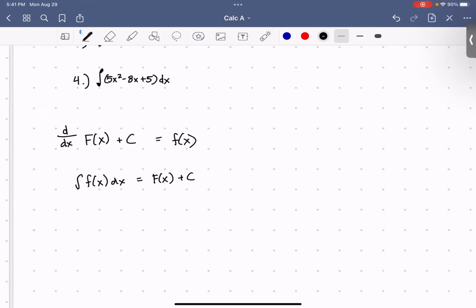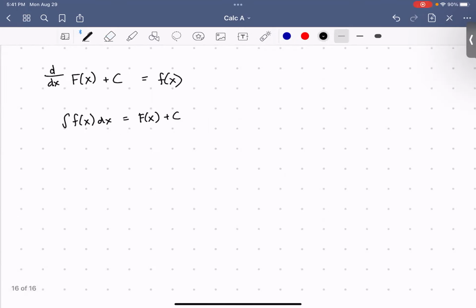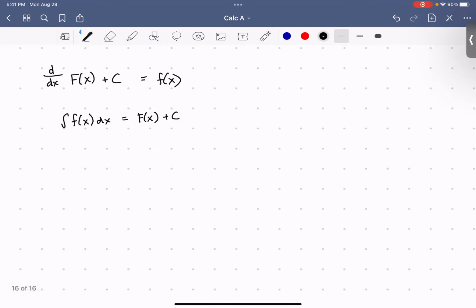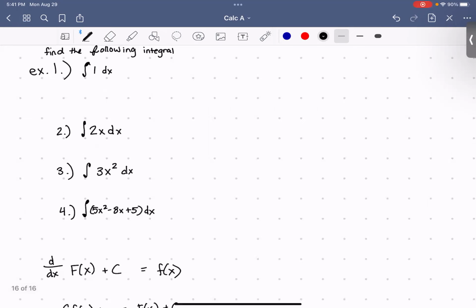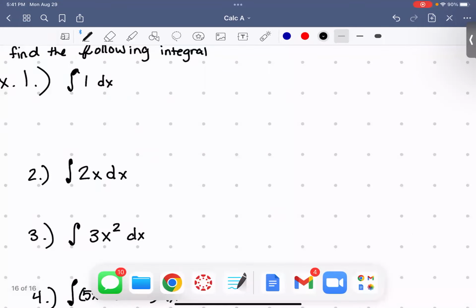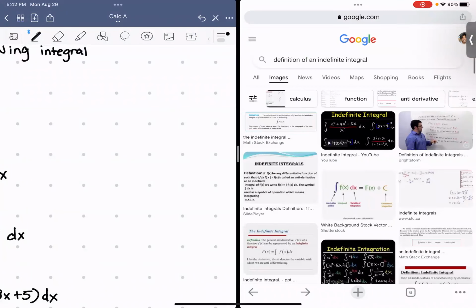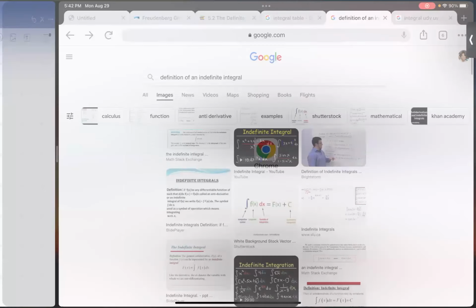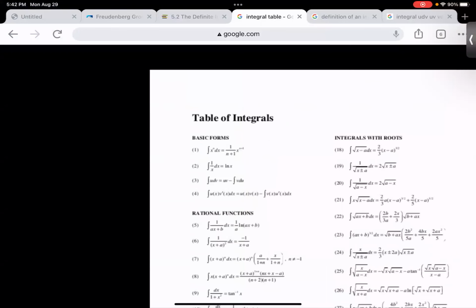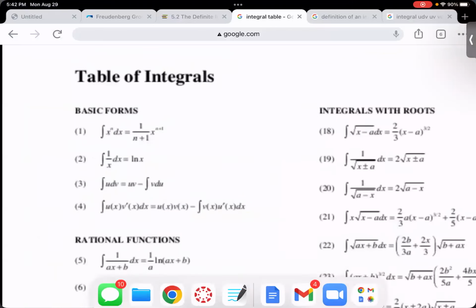As I said, an integral is an antiderivative, so you're basically working backwards. We're going to do some example problems to find the following integrals, and I'm going to use a table to explain what I mean. We're only going to focus on the basic forms now.